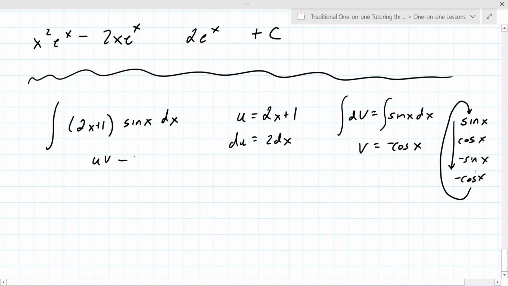So it's uv minus the integral v du. Got to know that. 2x plus 1 times negative cosine x. So I'm going to put that negative out in front, cosine x minus integral. So minus cosine x will make this positive, cosine x.